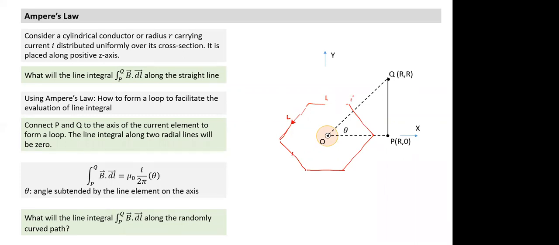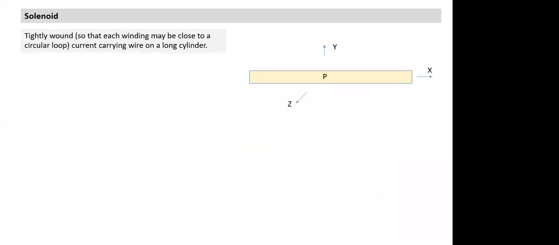When I say P to Q, it will have one value; Q to P, it will have the negative of the same value. Like work done, if I reverse the direction, it will be the same magnitude but opposite sign. So we can calculate along any random curved path or straight path. So that's all the application of B dot dl.